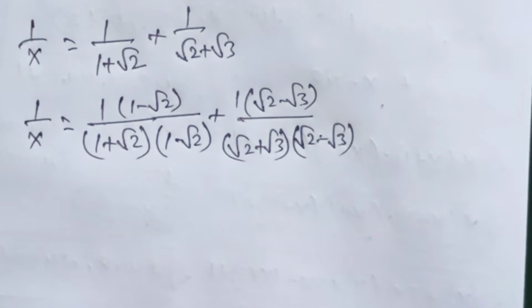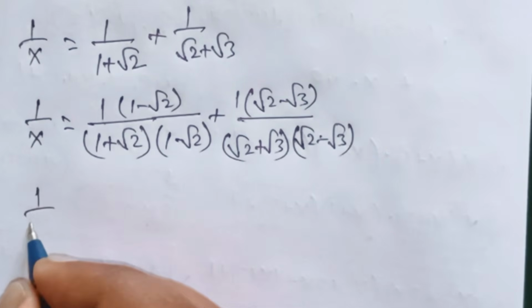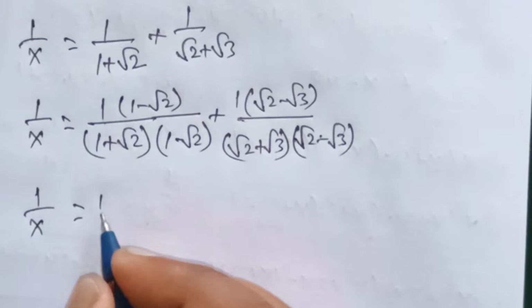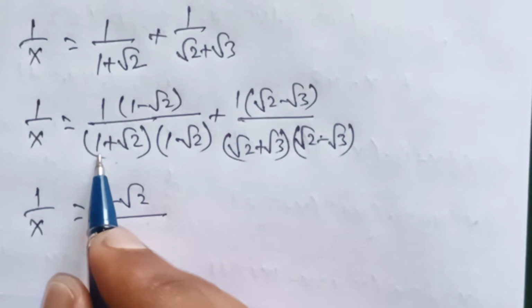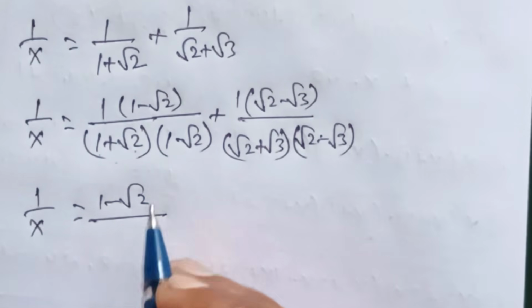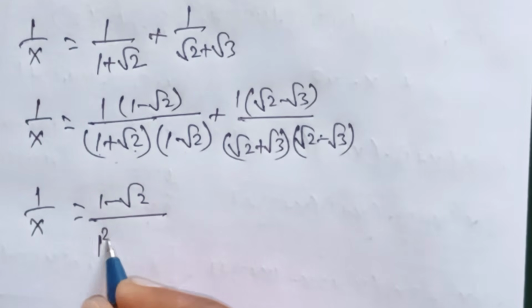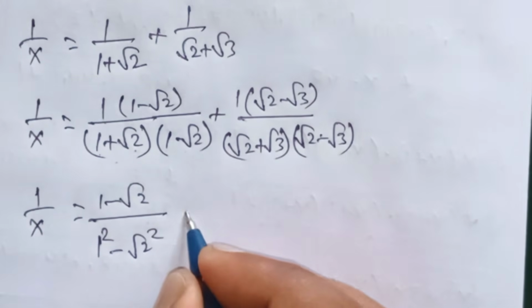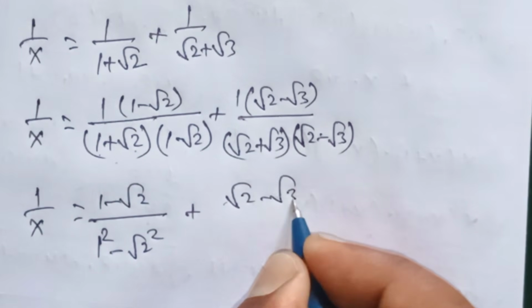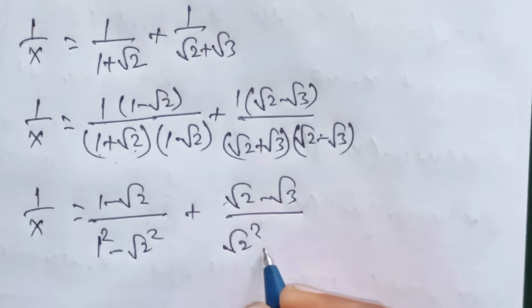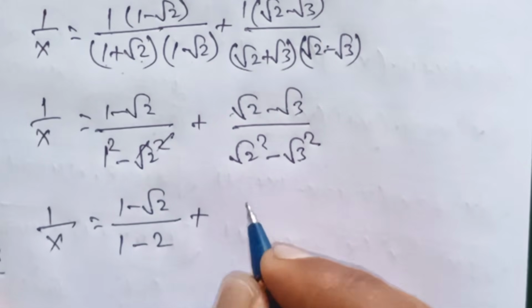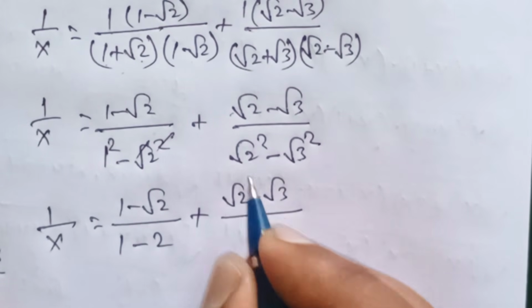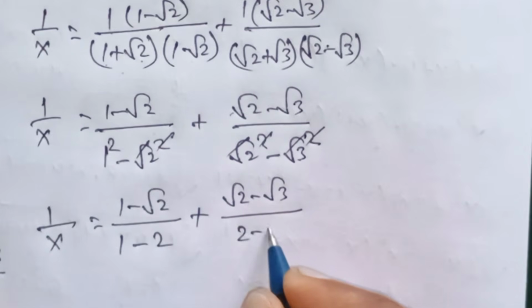After that, 1 divided by x is equal to 1 minus root 2 divided by, this is in the form of a plus b into a minus b, so 1 square minus root 2 square, plus root 2 minus root 3 divided by root 2 square minus root 3 square. The root and square cancel, that is 2 minus 3.